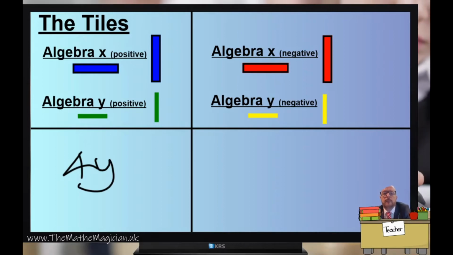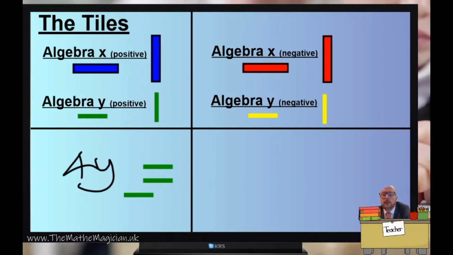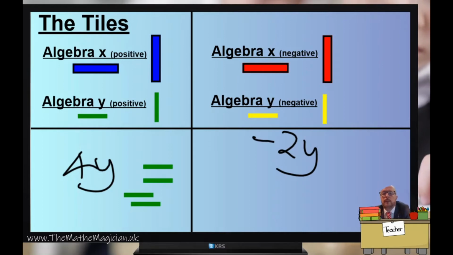That would be, what do you think? It would be 1, 2, 3, 4 y's. And negative 2y would be 1, 2 of the y's. How are you getting on? Are you keeping up?